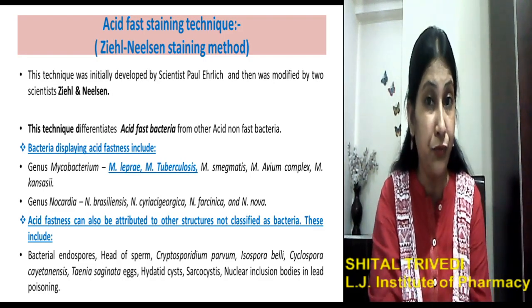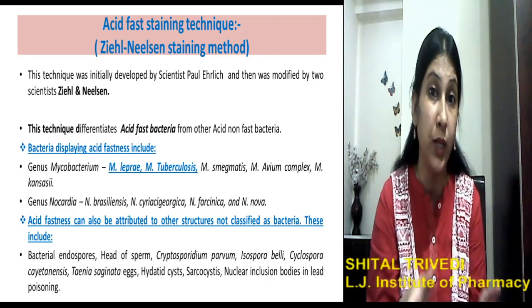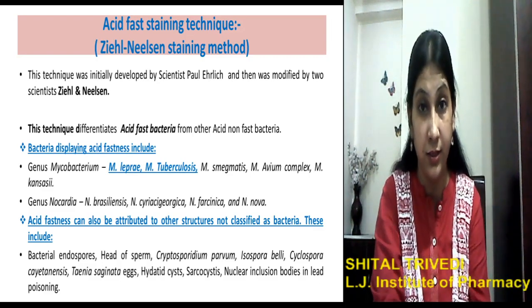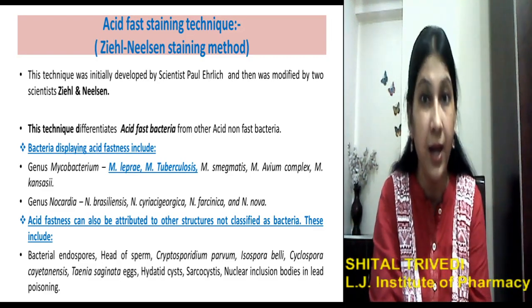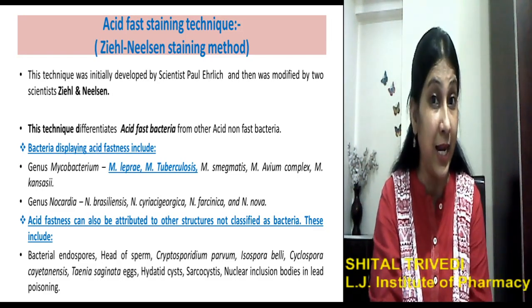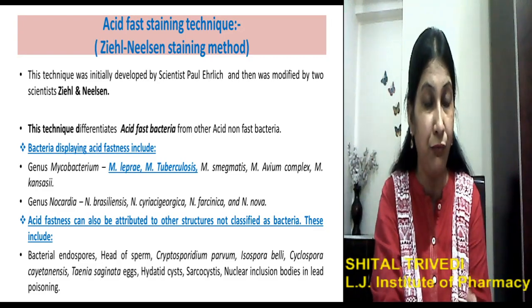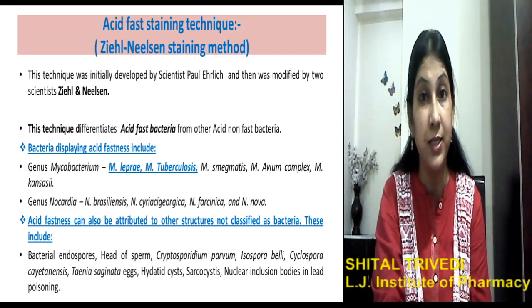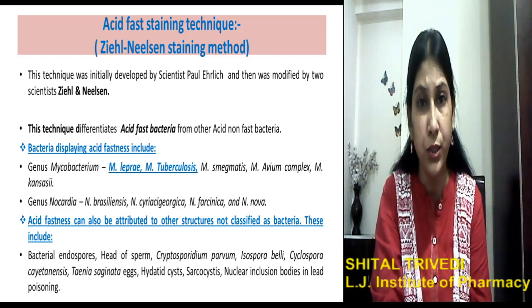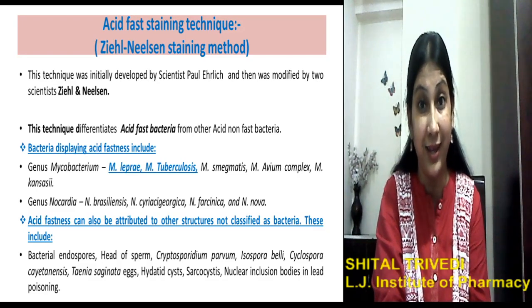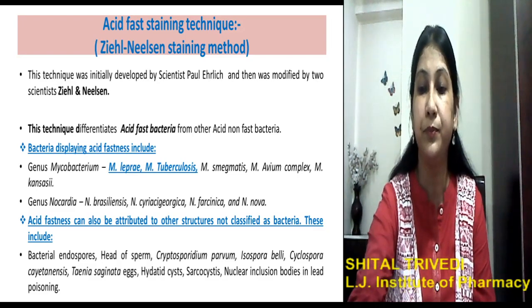This technique differentiates organisms into two categories, acid-fast and non-acid-fast bacteria. It is used to identify species of the genus Mycobacterium and genus Nocardia. It is also used to identify structures other than bacteria, like bacterial endospores.